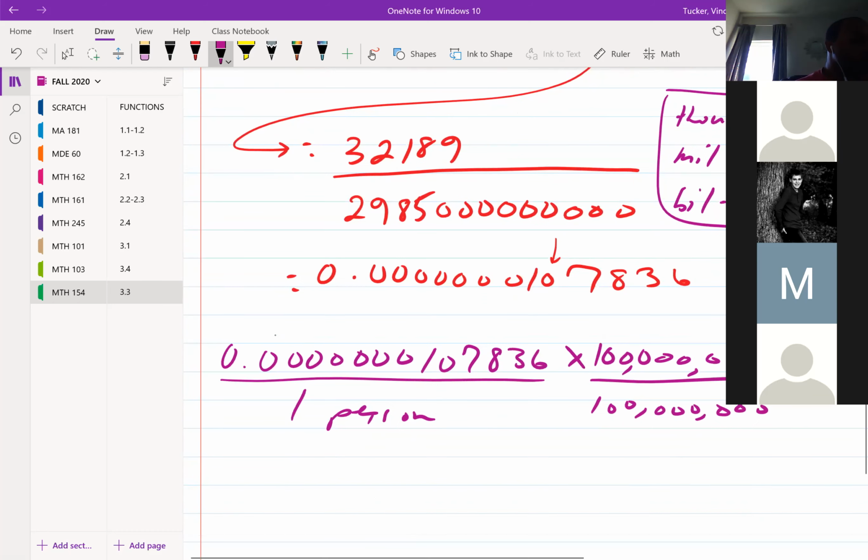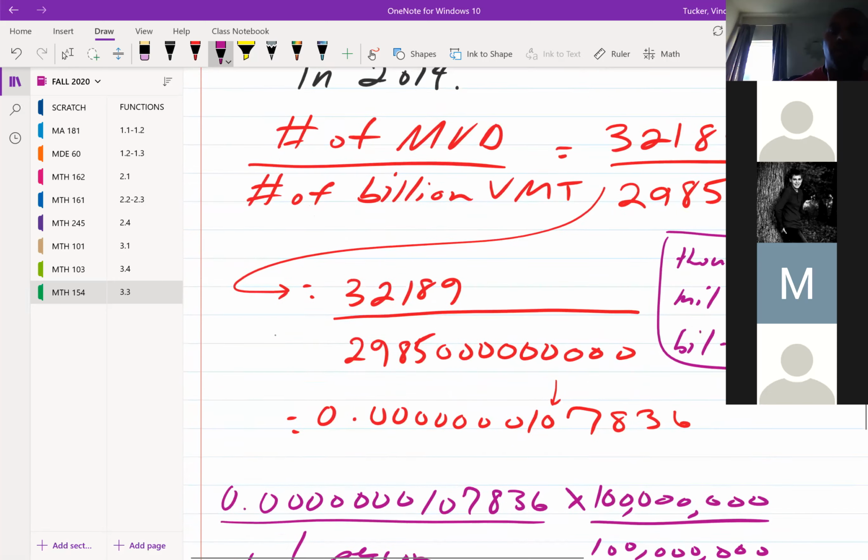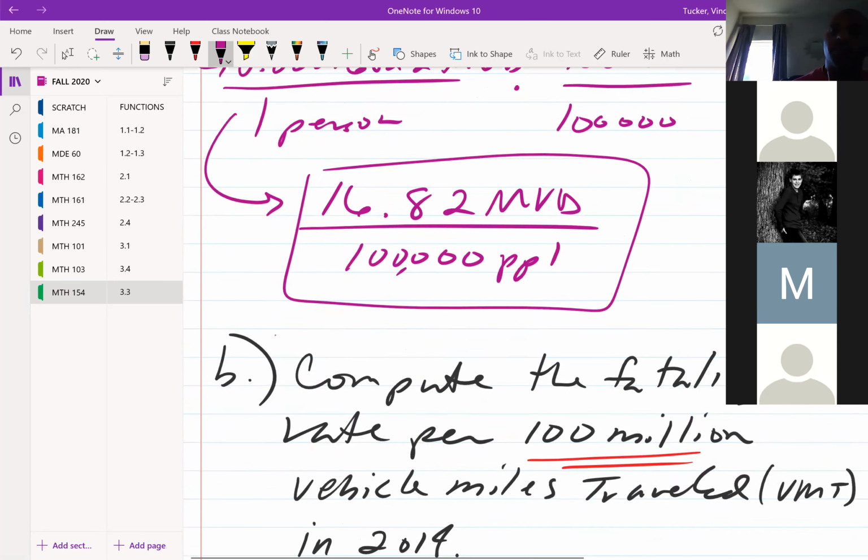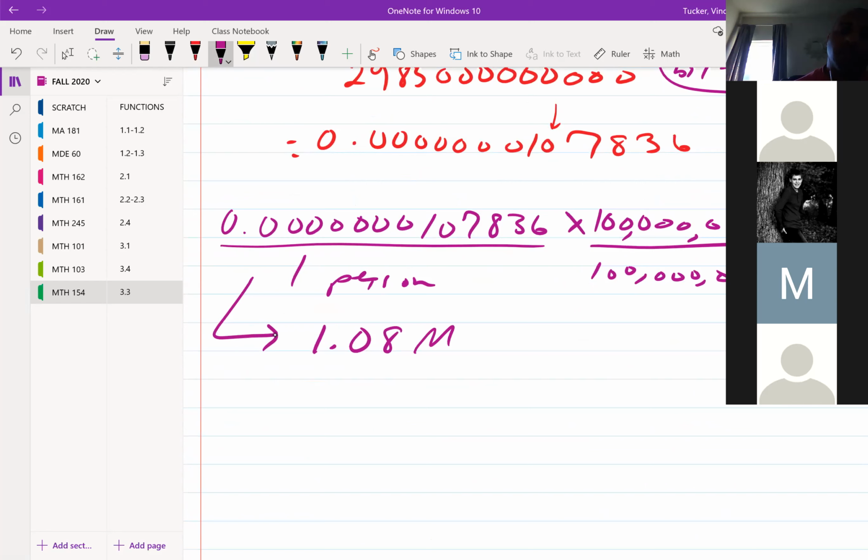So we're doing it per 100 million times. And my answer should be 1.08, or is it MVD? Yep. MVD per 100 million people.